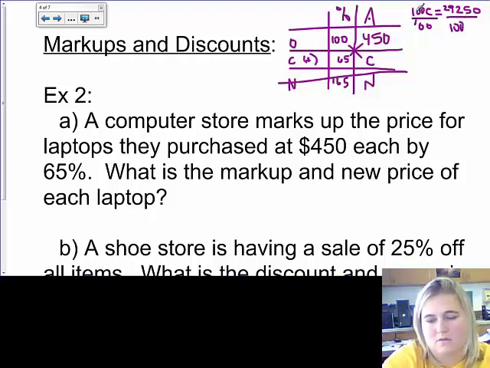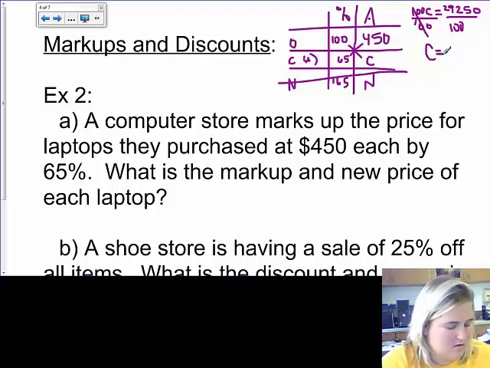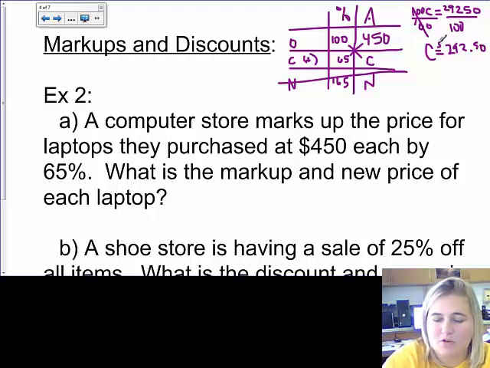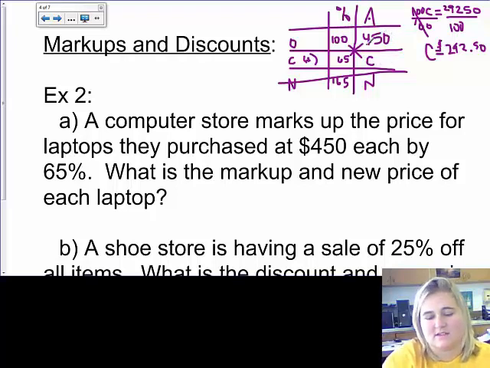Okay, so that will cancel, leaving me with the change, or the markup price, being $292.50. And to find the new price, I don't have to do another proportion because I can just add these two things, because I know the change is an increase.